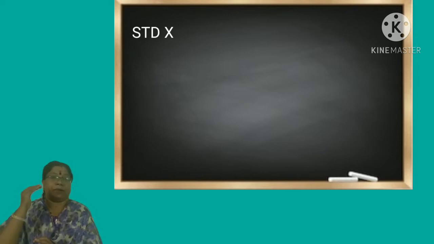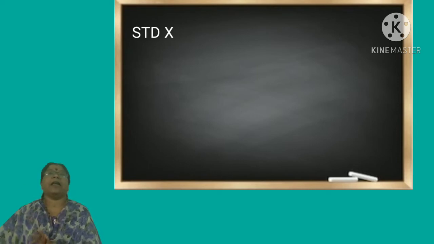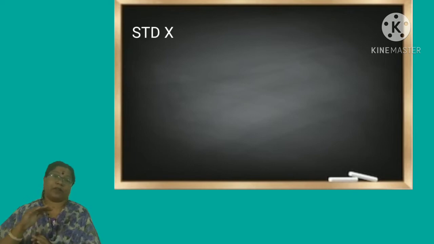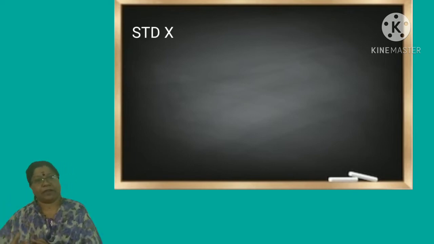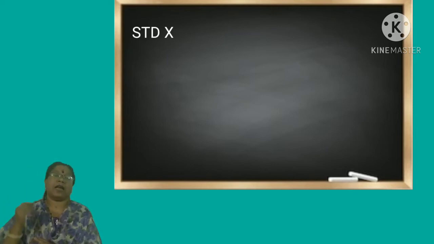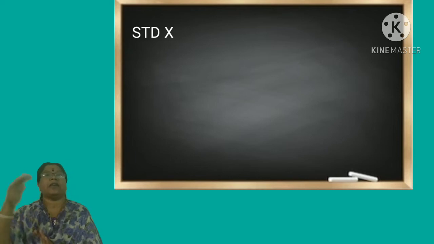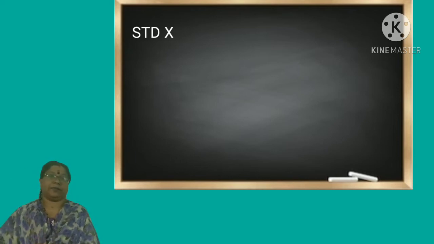So the violet light, having very less wavelength, deviates more. So as wavelength decreases, deviation of light increases, that is, light deviates very much, and as wavelength increases, red having very high wavelength compared to violet, it deviates the least.